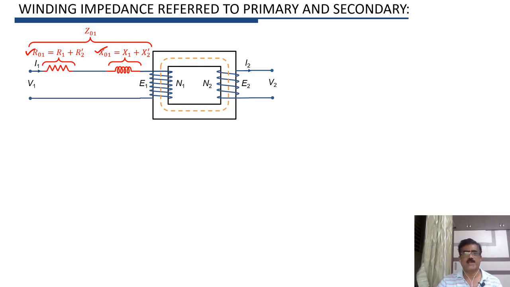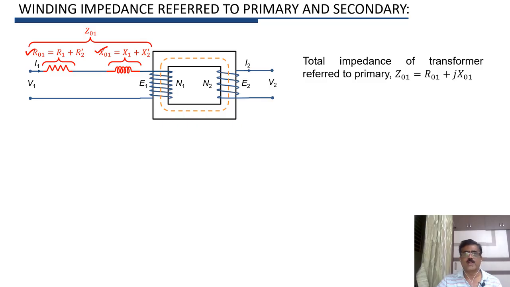If we combine R01 and X01, we get total impedance of transformer referred to primary, that is Z01, which is R01 plus jX01, or the magnitude of Z01 is under root R01 square plus X01 square.